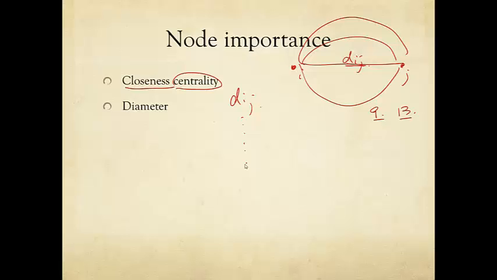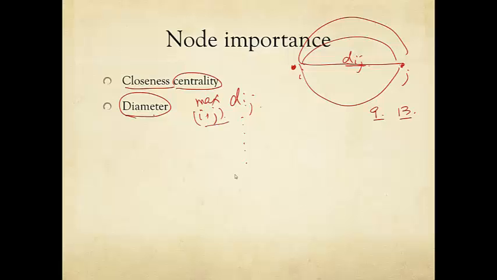Then once we got this list of all the dij's, we can do a few things. One is pick the largest one, and we call that the diameter of this graph. It is the maximum dij across all the ij pairs. It's the largest of the smallest path lengths: smallest for a given node pair and largest across all node pairs.